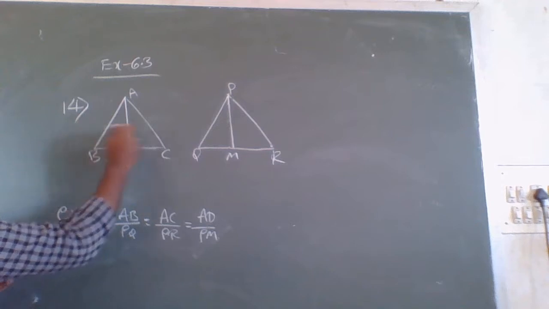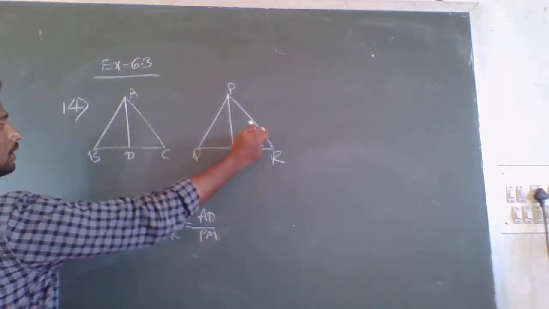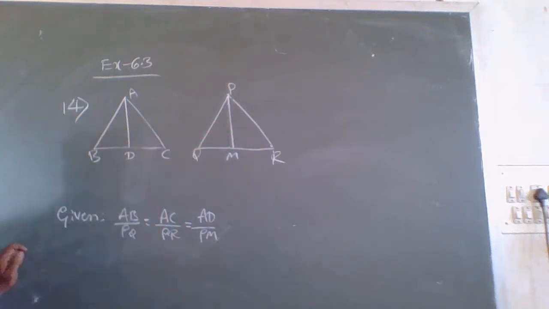So they are given that AB by PQ, AC by PR, AD by PM are proportional. This is the problem.